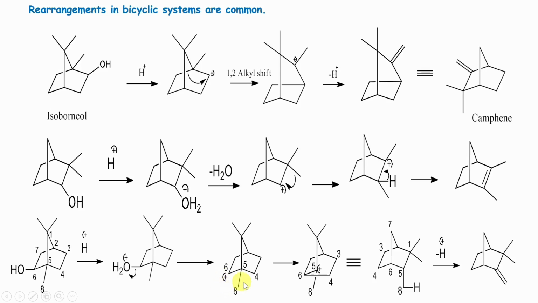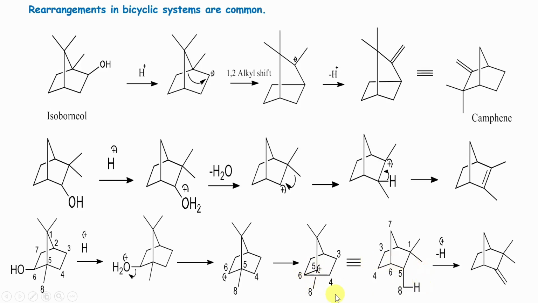Then methyl shift from this position, the 4,5 position. This alkyl shift takes place from this fifth carbon atom to this sixth carbon atom. Thereby a 1,2 alkyl shift takes place here, forming this carbocation. And again, see, it is a tertiary carbocation.